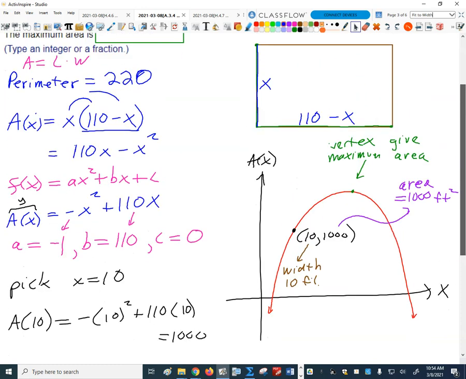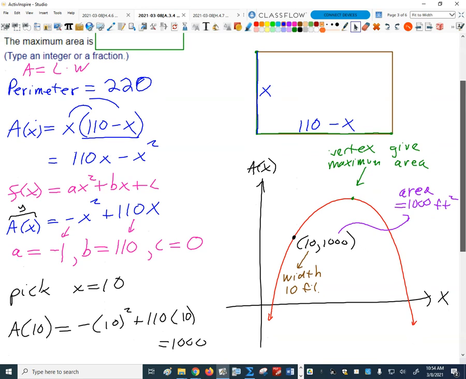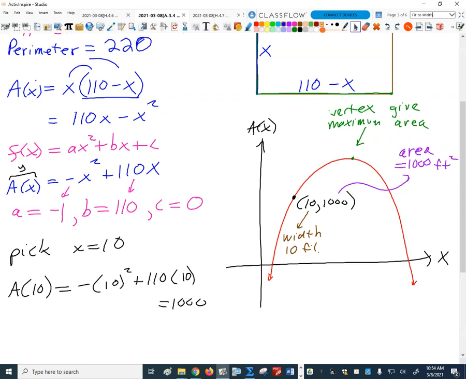we're able to come up with the coordinates of the vertex, and that's where we sort of left off. But I wanted to just reinforce that we already know some stuff about this. We know that because a is negative, the parabola is going to open down, and so its vertex is going to represent a maximum, right? Because the vertex is the highest point on a parabola that opens down.